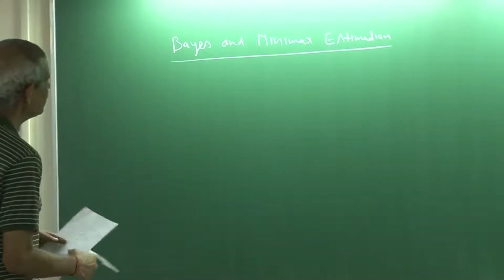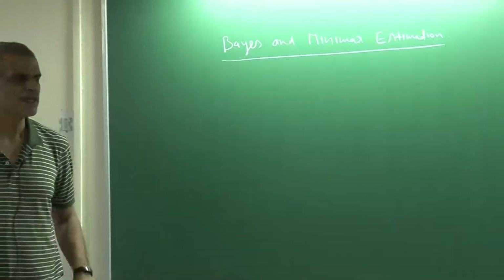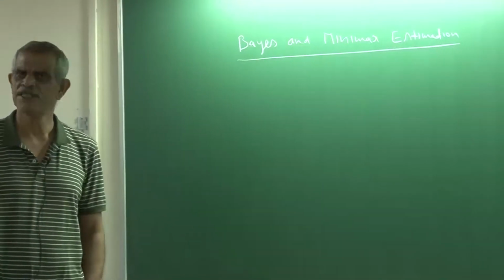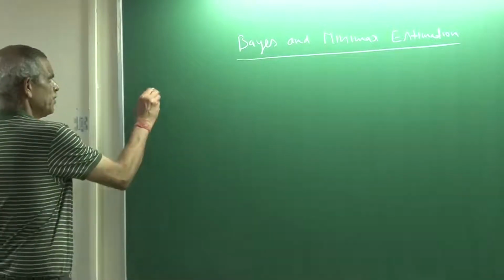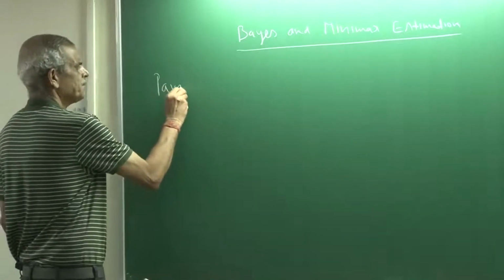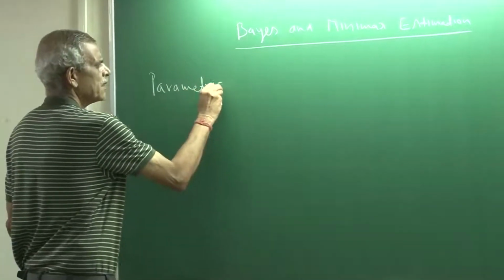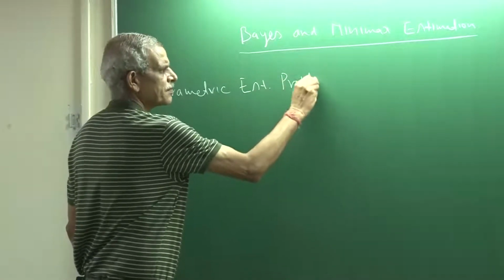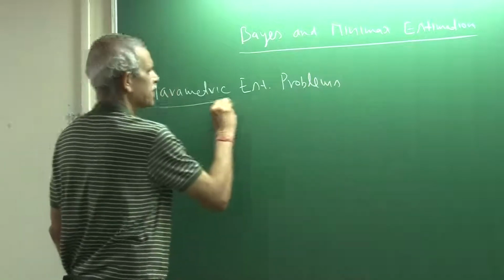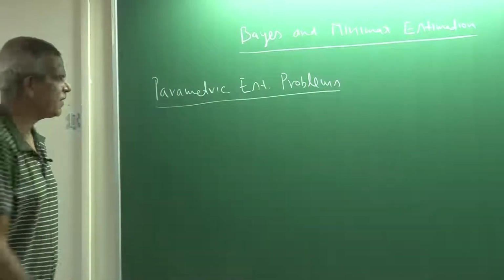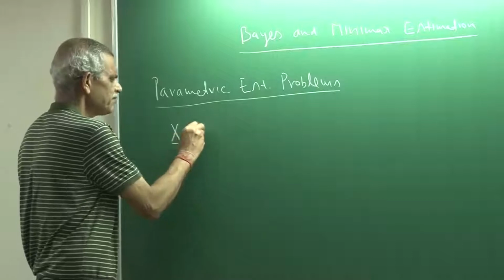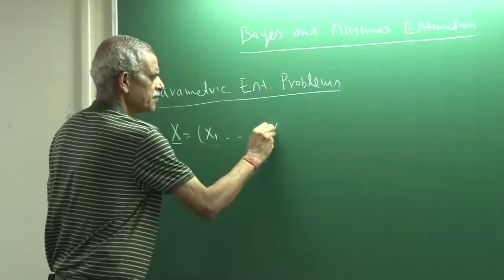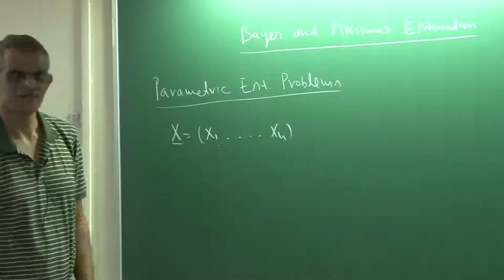But let us try to do a recap of parametric estimation problems, so that you are on top of things. The typical situation is as follows. You have data x1, x2, ..., xn.